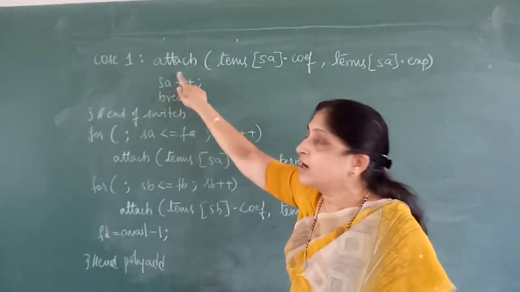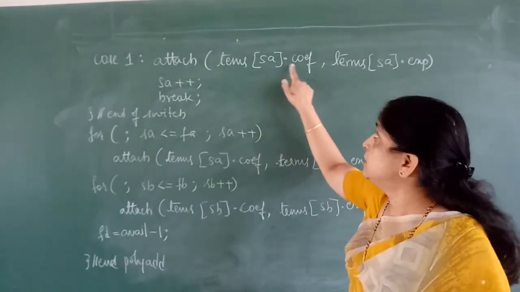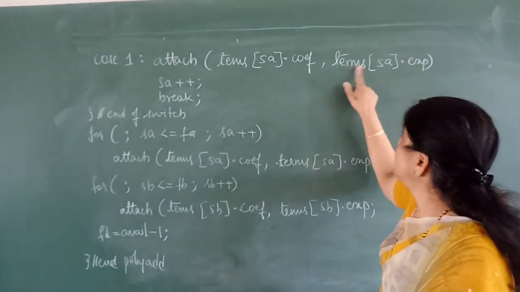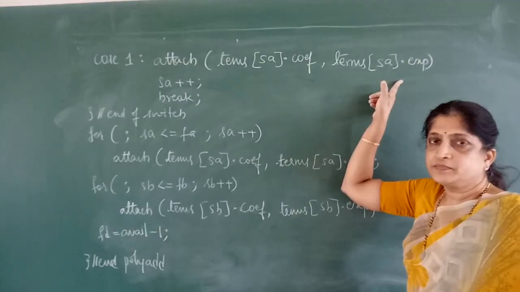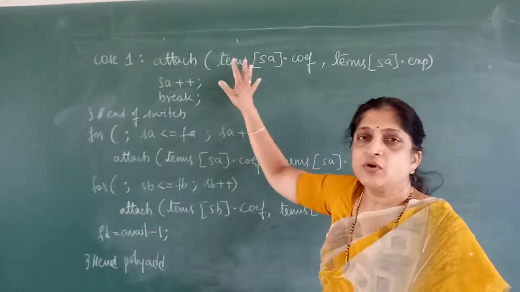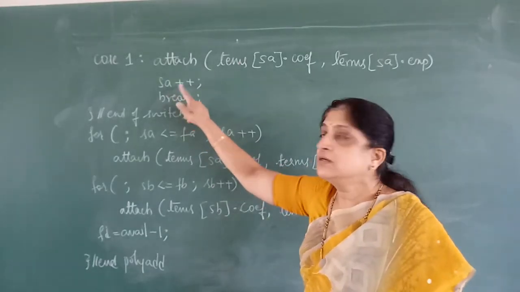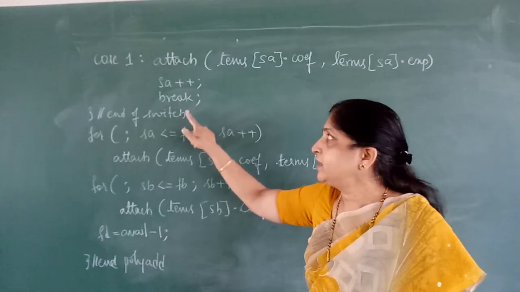So we call attach with terms of sa dot coefficient, terms of sa dot exponent. So we are calling this attach function by passing the terms of the polynomial a. Then advance to the next term in the polynomial a and break.